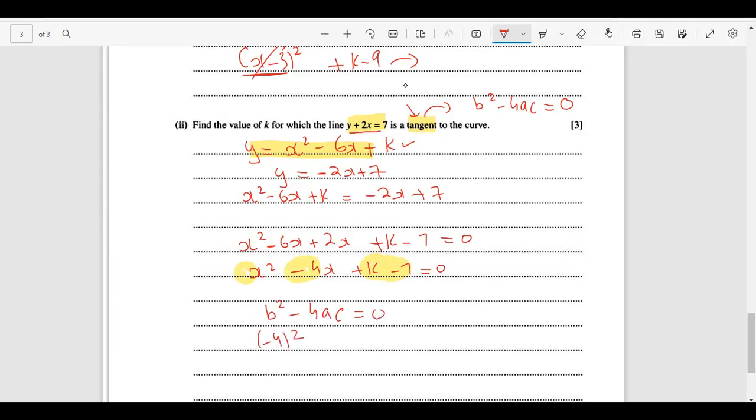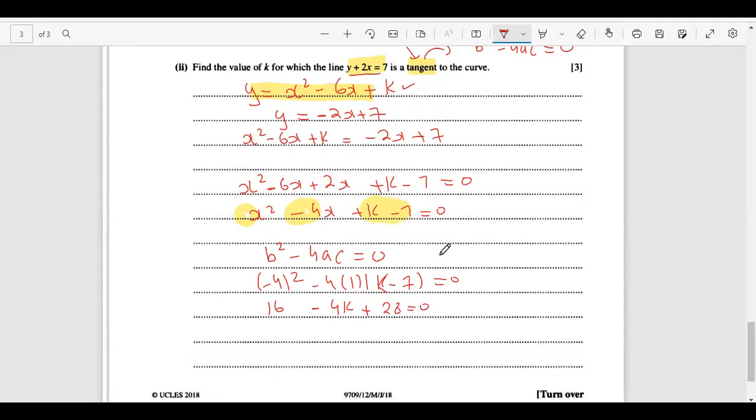It is minus 4 squared minus 4 into 1 into k minus 7 equal to 0. And it would give me 16 minus 4k plus 28 equals 0. And finally, we are going to get minus 4k.